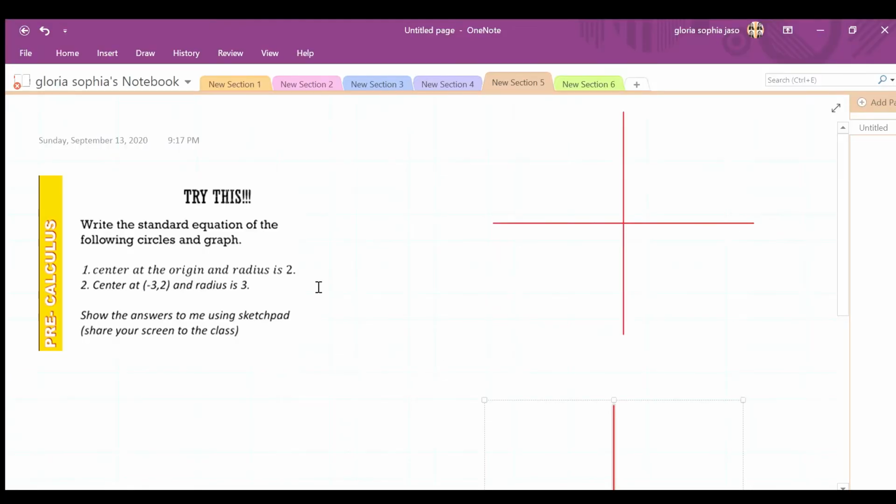Sagutan natin. Sa number 1, center at the origin and radius is 2. So, equation muna. Write muna natin yung given for number 1.